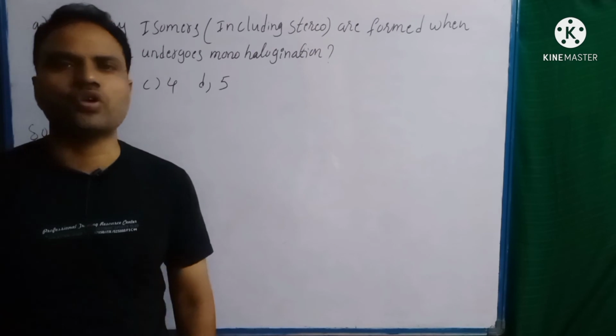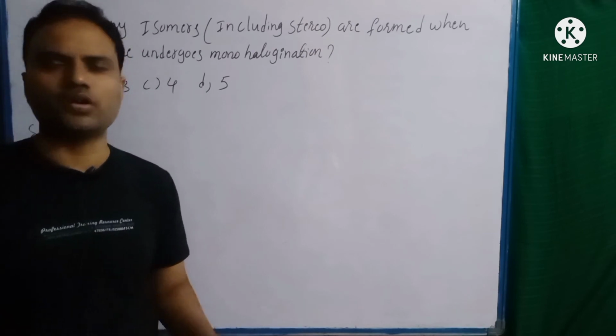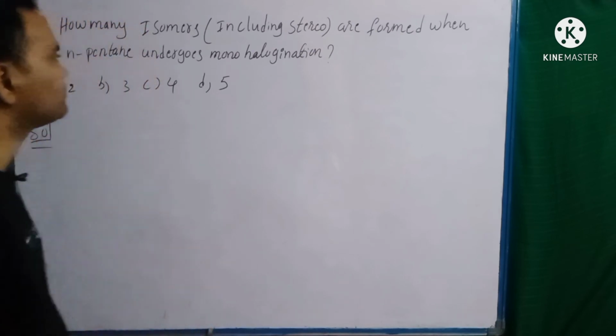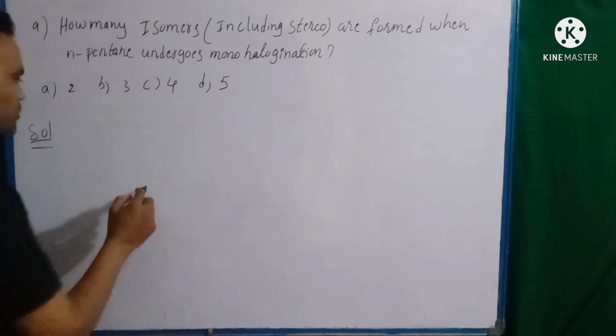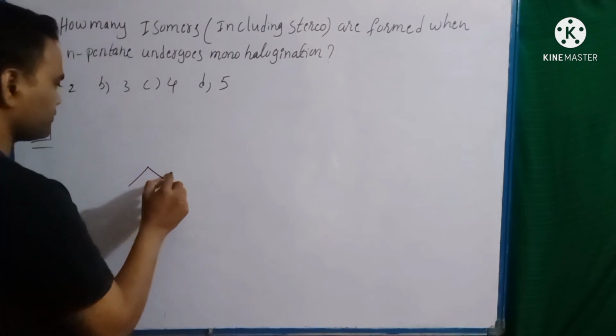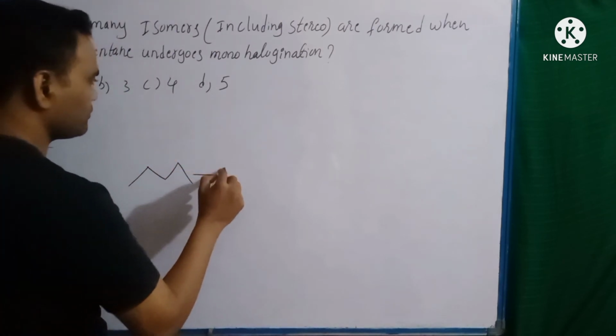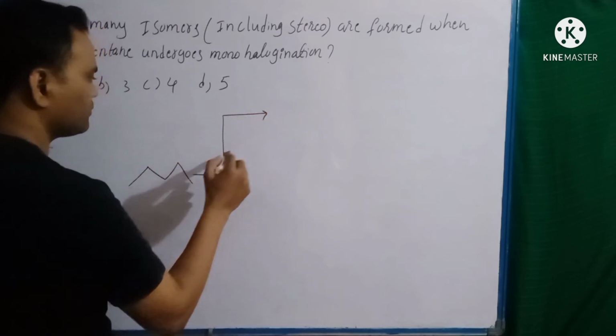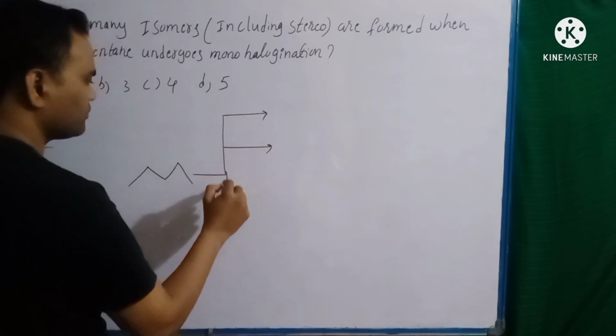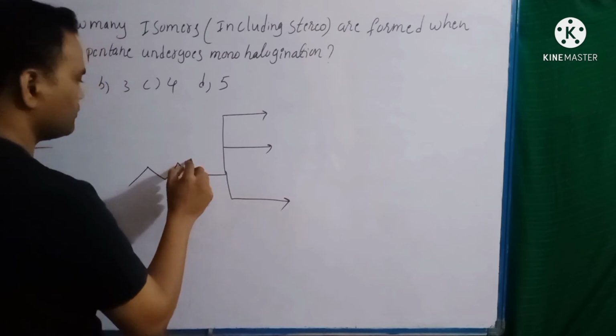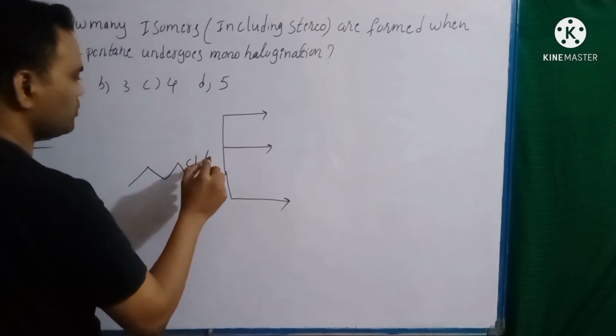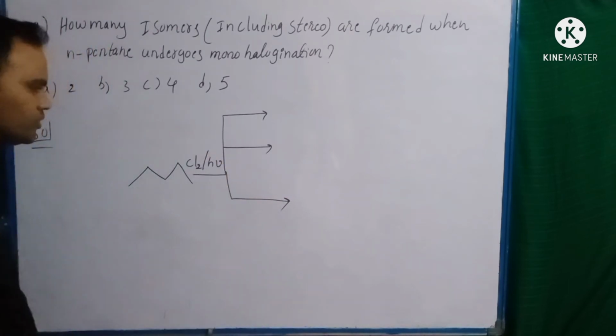How many isomers are formed when n-pentane undergoes monohalogenation? Let us see the solution. Cl2 followed by H2.